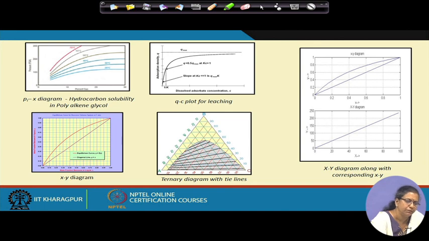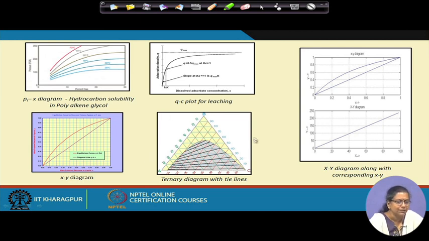In adsorption, we construct the phase diagrams with the fraction or the amount adsorbed in the solid phase and the equilibrium concentration of the adsorbate in the remaining gas phase or in the remaining liquid phase. If it is a liquid phase, I repeat, we denote the coordinate with concentration, and if it is a gas phase, we denote it with partial pressure.